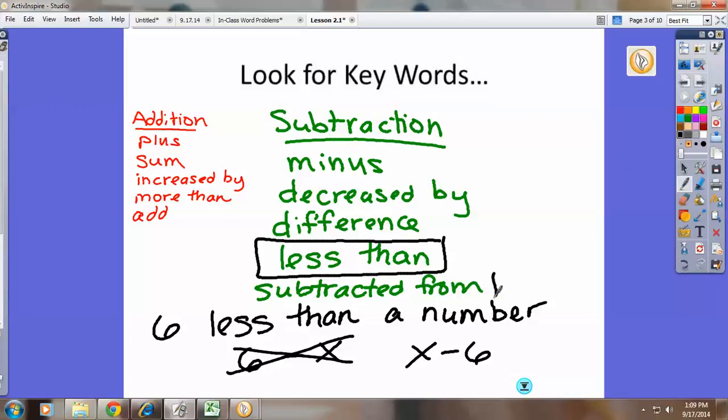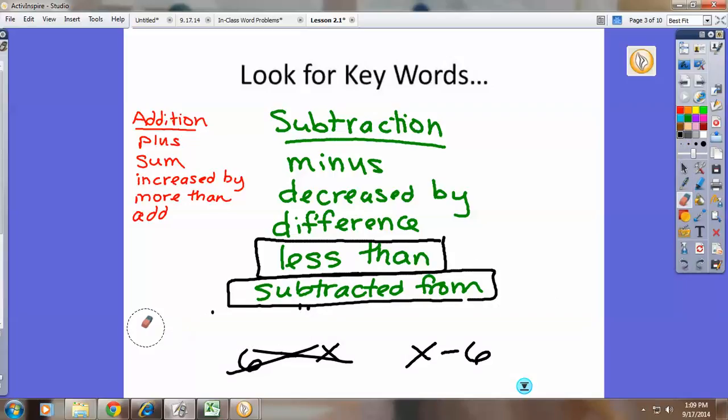And box that in so that you know that that's one of those turnaround words. Are there any other subtraction words that you can think of?